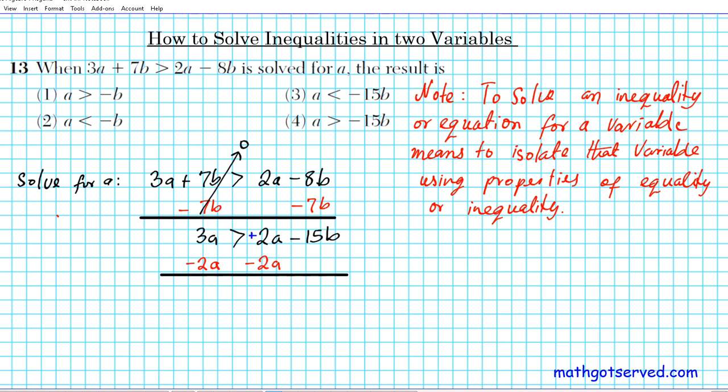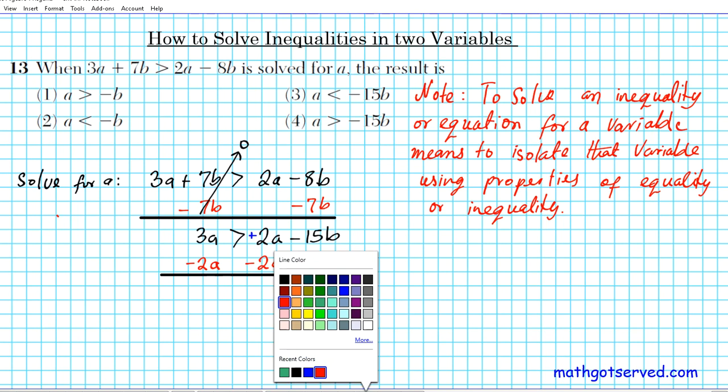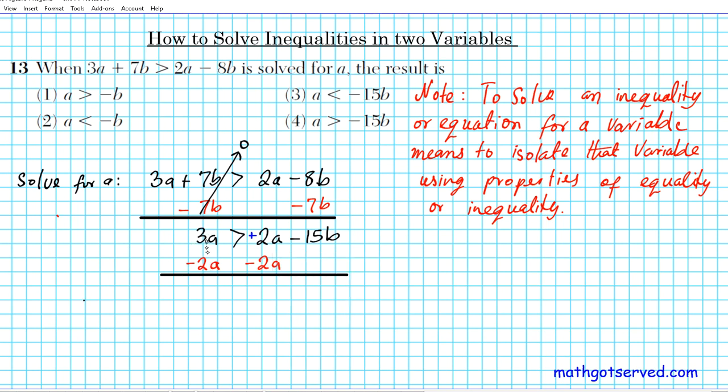Now on the left side, what is 3a minus 2a? Signs are different, so we're going to subtract. Subtract and keep the sign of the bigger term. The bigger term is 3a positive, so we'll keep that sign. 3 is bigger than 2, so we'll keep the positive. 3 minus 2 is 1, so we're left with just 1a. If the coefficient is 1, you don't have to write it.